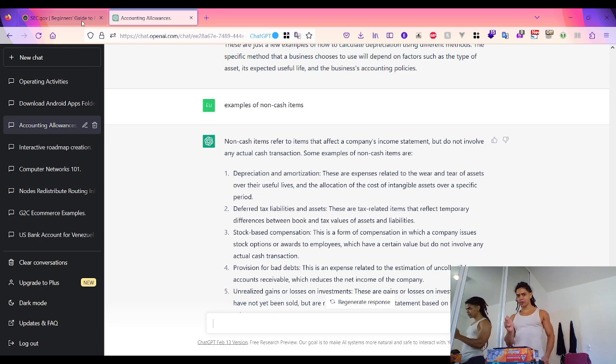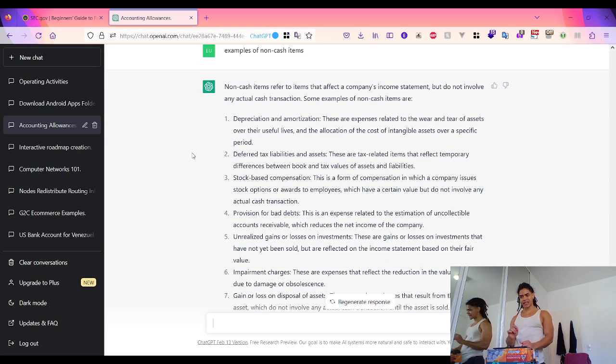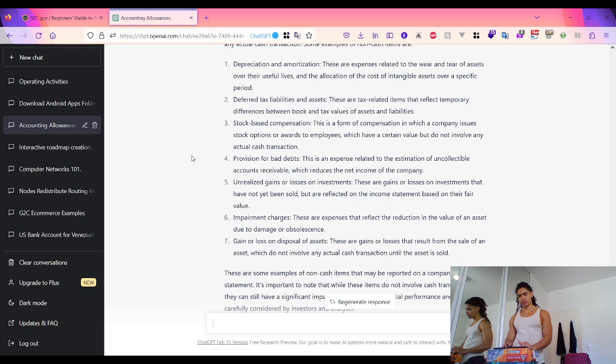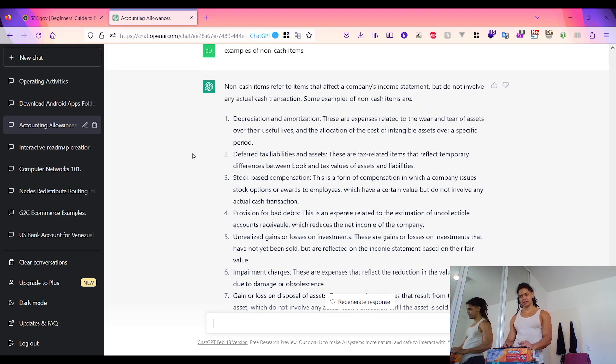An example of this is depreciation and amortization, which affects the income statement of the company. Deferred tax liabilities and assets, stock-based compensation, gain or loss on disposal of assets.